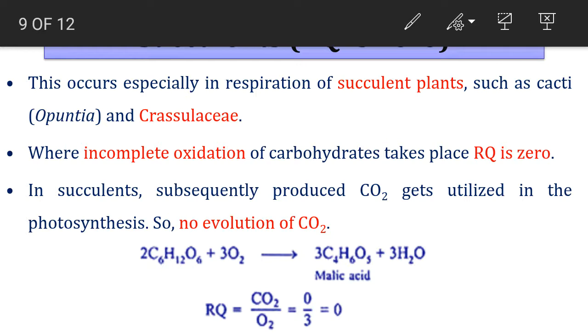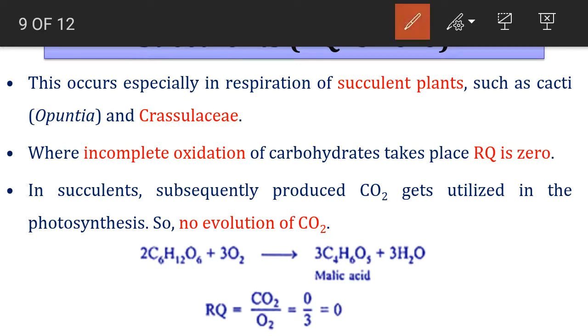So in the night time, when carbon dioxide is received by the leaf, that carbon dioxide is fixed by PEP carboxylase enzyme into the 4 carbon organic acid, and this organic acid is partially decomposed in the night, and in the daytime this organic acid undergoes the complete oxidation process, but the evolved carbon dioxide is not taken out from the leaf because the stomata are closed during the daytime.